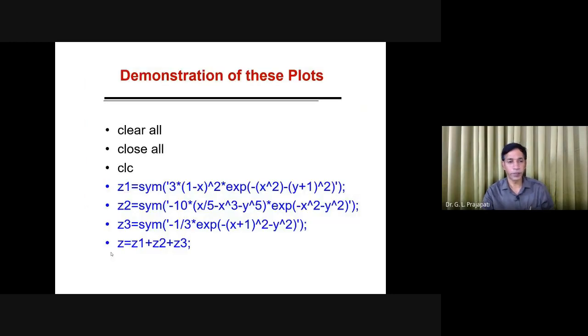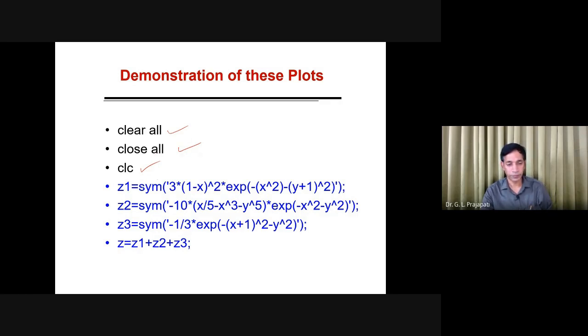Now let us see the demonstration. You write the script like this: clear all, close all, clc. Clear all clears all the variables, close all closes all the graphics windows, and clc clears the command window.